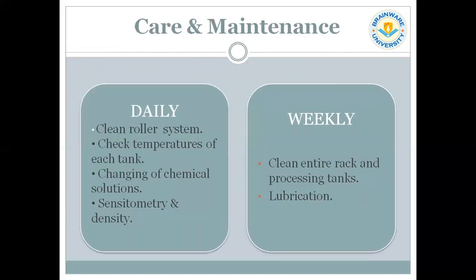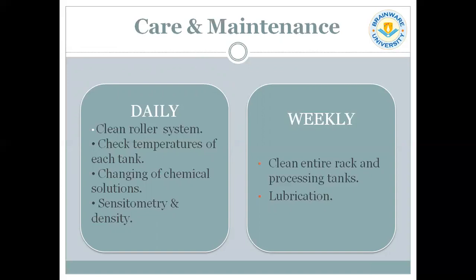So the most important topic, that is care and maintenance of the automatic film processor, is divided into two steps. One is daily and the other weekly. You can see here. For daily cleaning, you need to clean the roller system. You need to check the temperature of each tank. You have to change or replace the chemical solution daily.